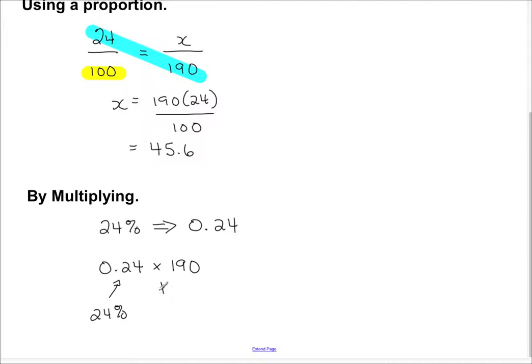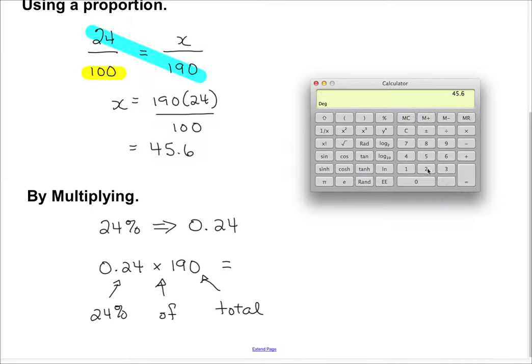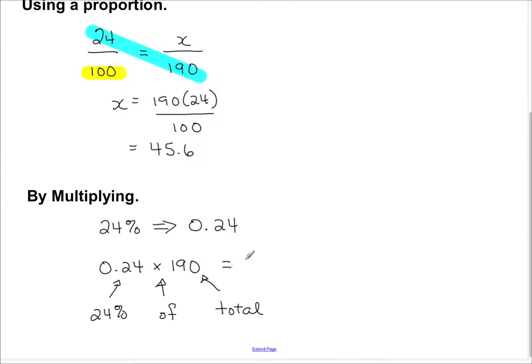The word of means times, and this is the total. So if we're trying to find the 24% of the total, we just translated that into a math statement. 0.24 times 190. And we get 45.6.